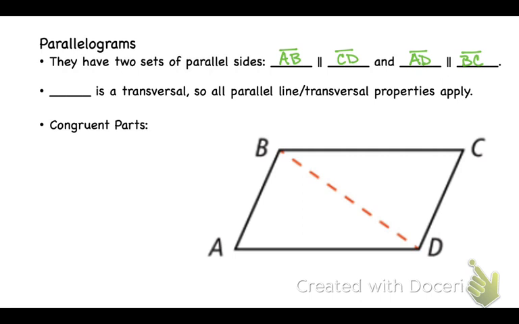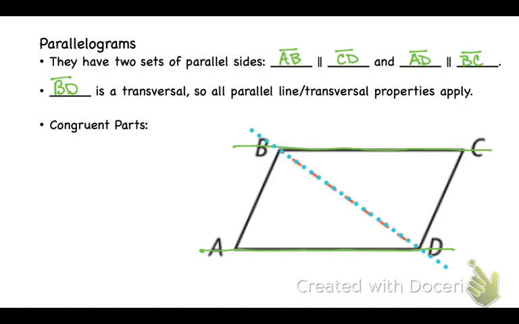BD is a transversal. So all parallel line transversal properties apply. There are other transversals on there. So we have these two are parallel, yes? And I told you that BD was a transversal.